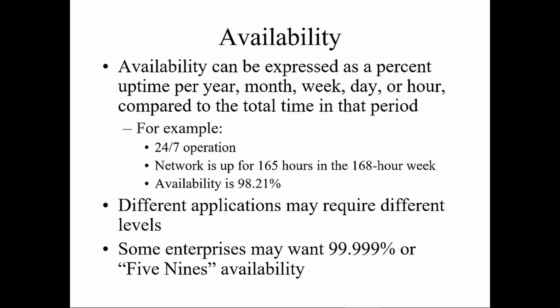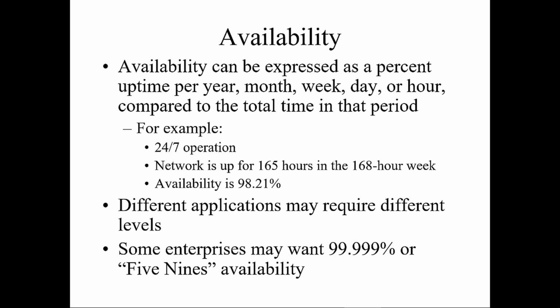Network is up for 165 hours in the 168 hour work week. Or maybe availability is presented as a percentage. Availability currently sits at 98.21%. Different applications, different requirements, different specifications require different levels of availability.